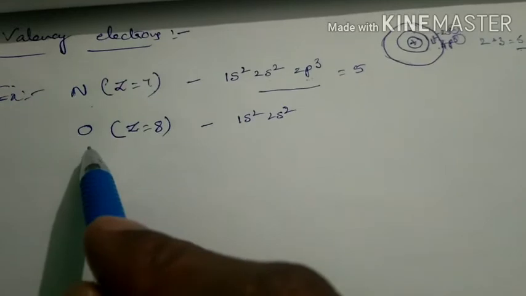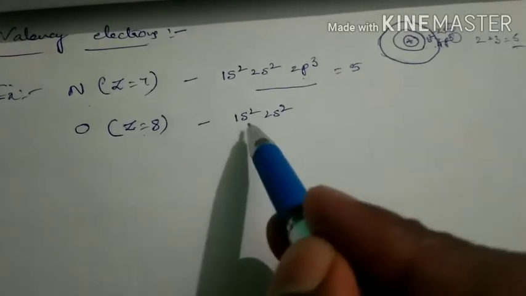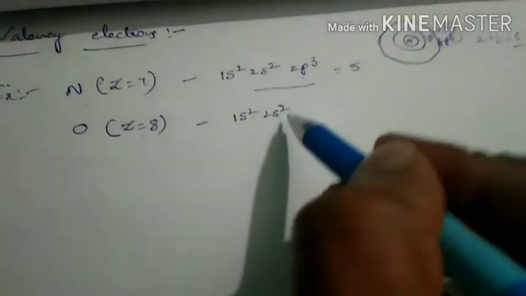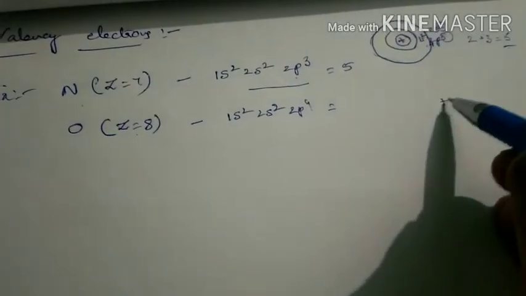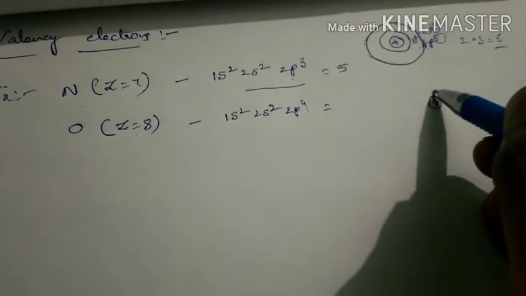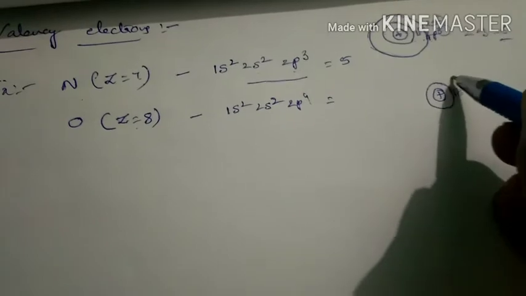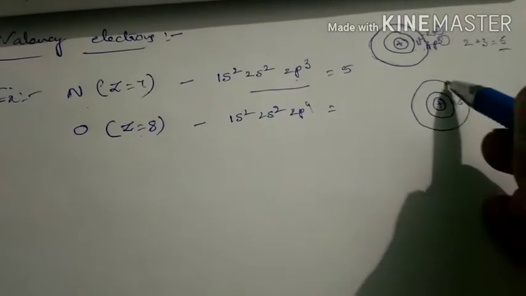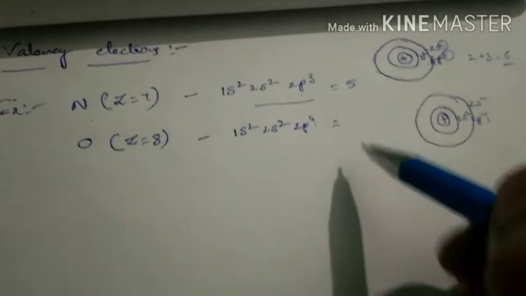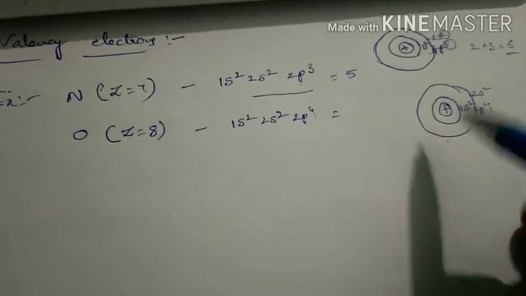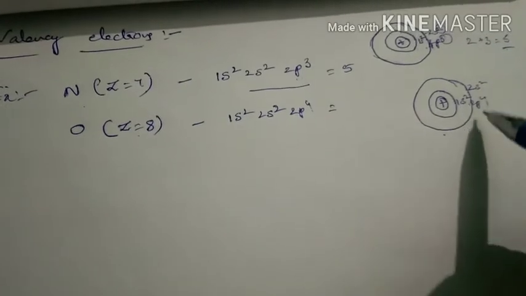Coming to oxygen. Its atomic number is 8. Its electronic configuration is 1s2, 2s2, 2p4. This is the nucleus, this is the first shell, that means 1s2. This is the second shell, meaning 2s2, 2p4. So it also has two shells, like nitrogen.